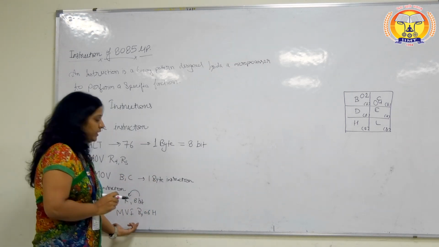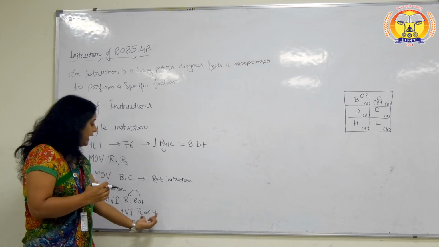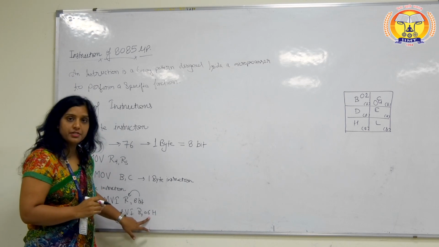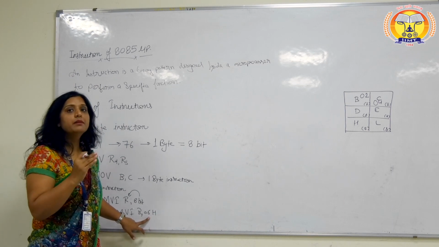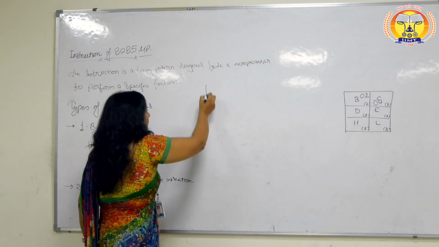MVI B will have its own 8-bit hexadecimal code and 06 is another byte, means 8-bit 06 will be taken as second byte. Now 3 byte instruction.